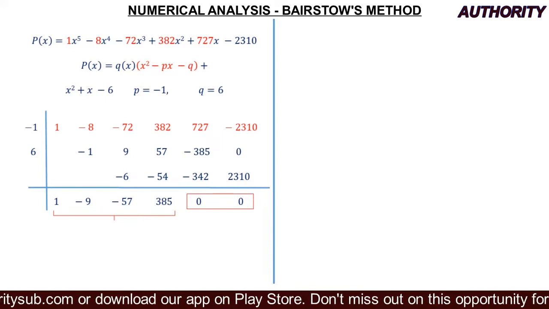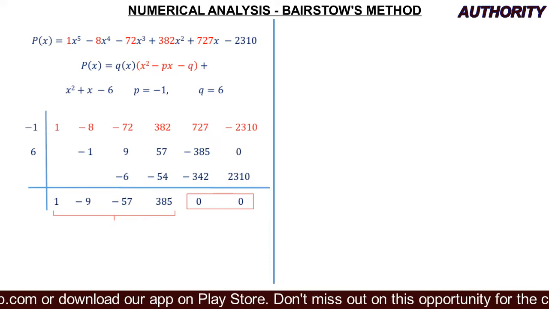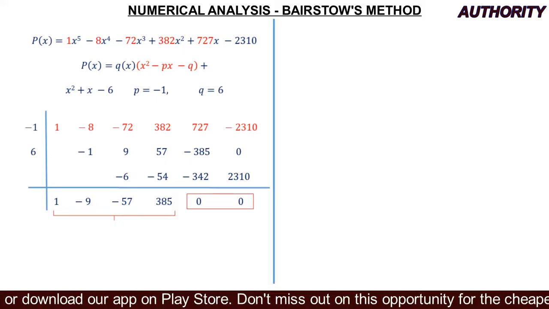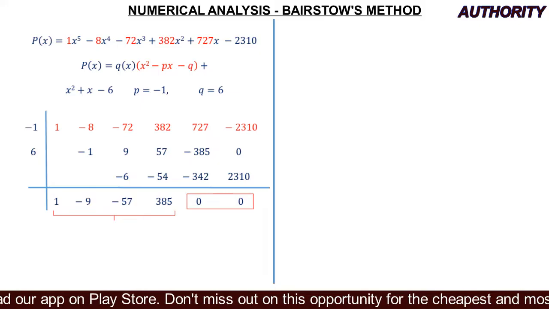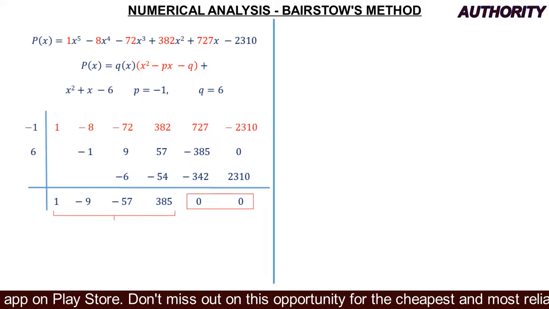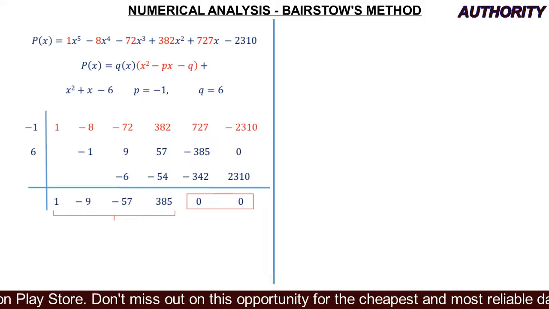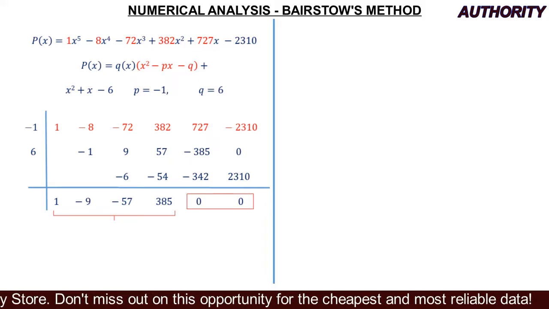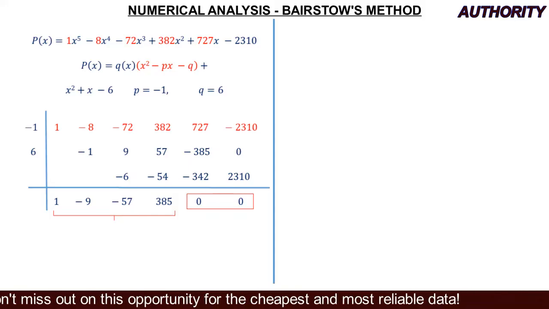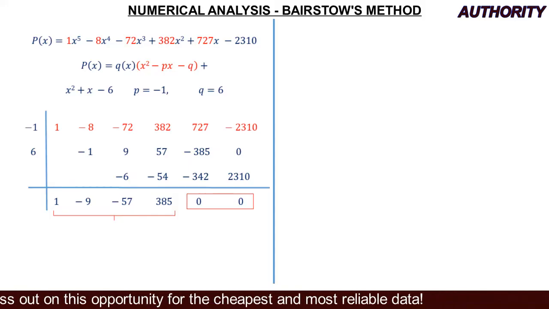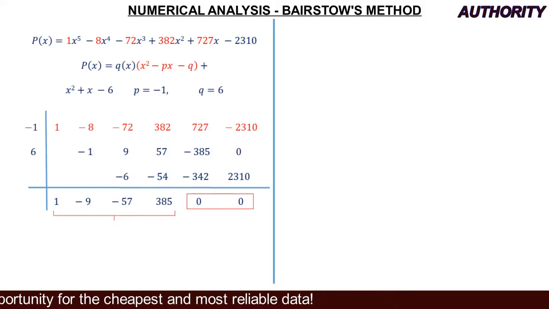That means we say 382 plus 57 minus 54 is going to give us 385. This 385 multiplied by our p, which is minus 1, is going to give us minus 385. Let's step backward to minus 57. This minus 57 multiplied by q, and q is 6, is going to give us minus 342. Let's add up everything.